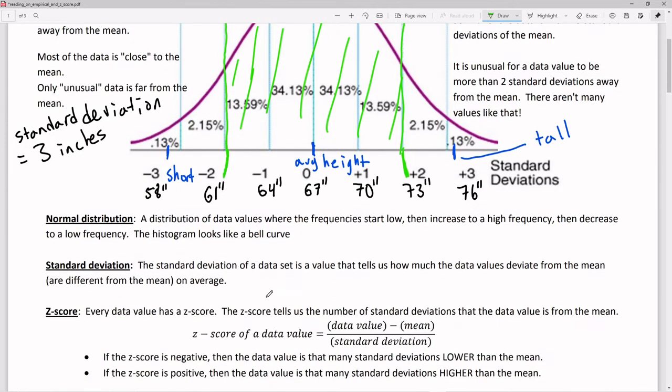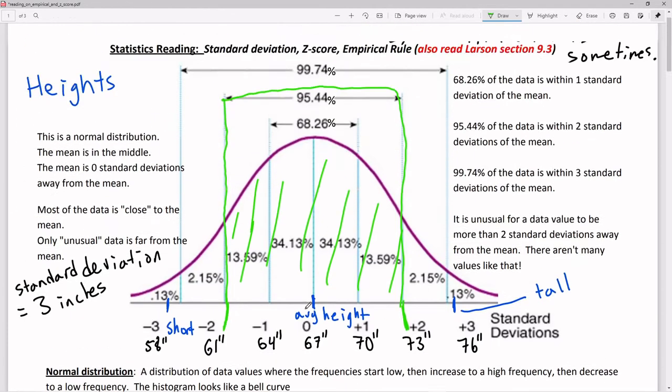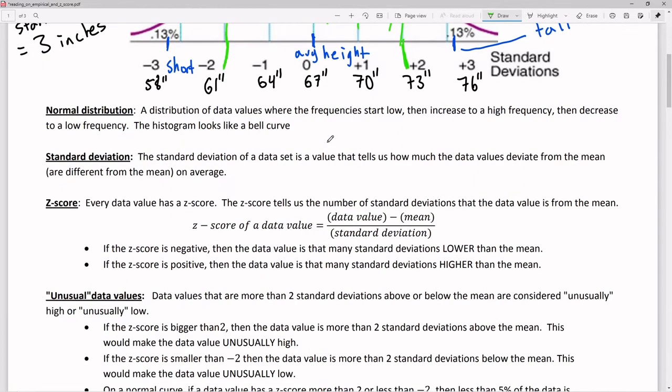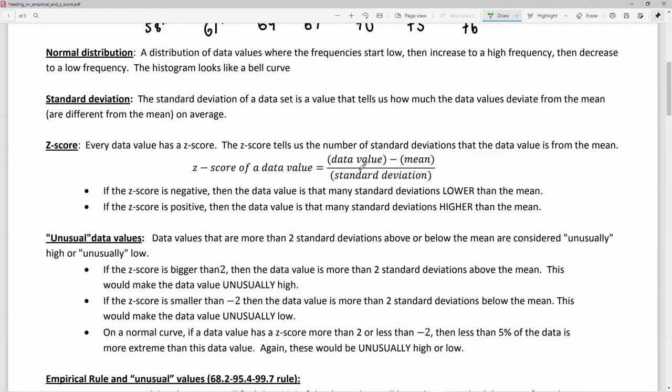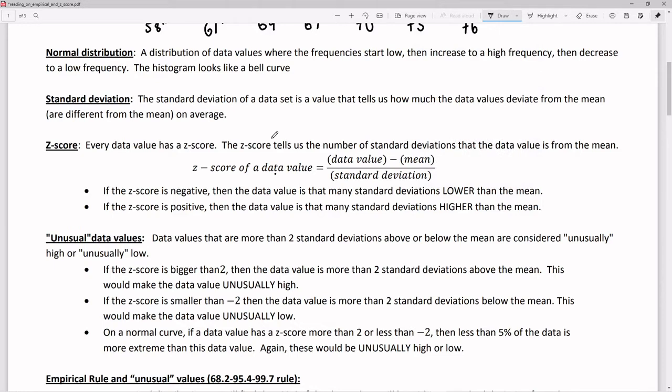So the next thing that we get out of this that I mentioned at the top is the z-score. And so this might actually seem a little bit silly that we're doing this, but it's just a useful thing to kind of have in your toolbox. So the z-score, given a data value, so this is a key point.